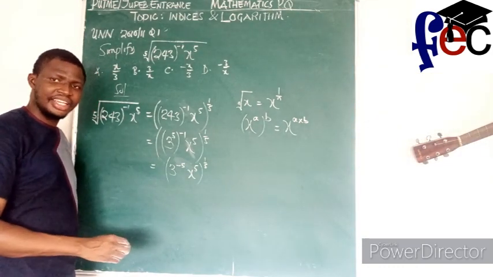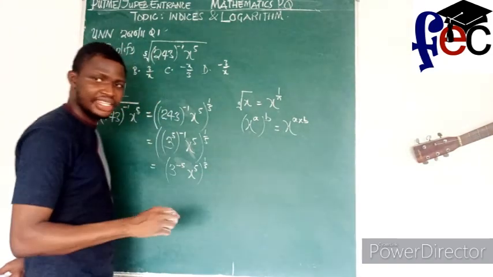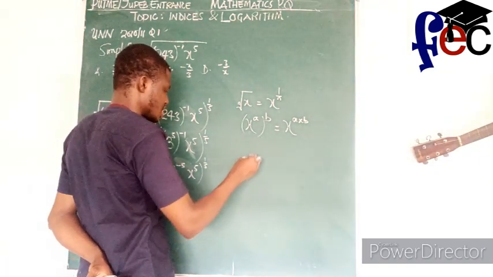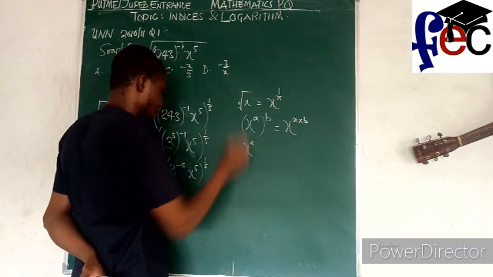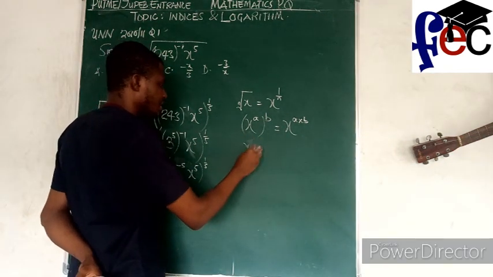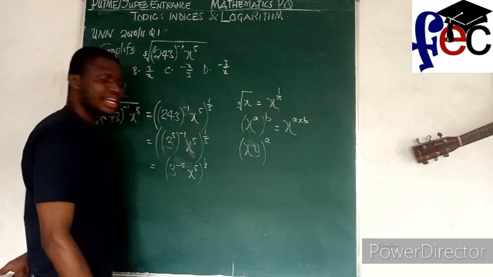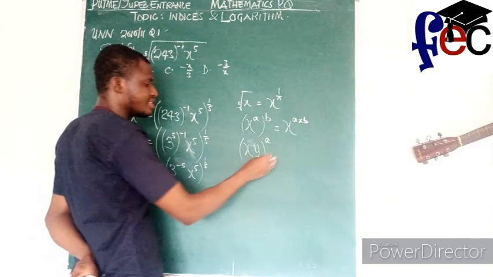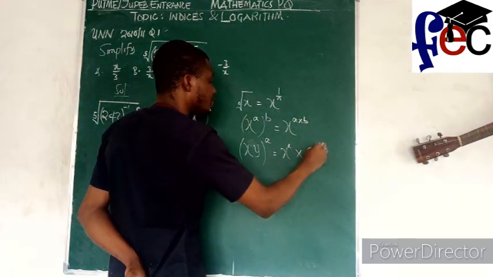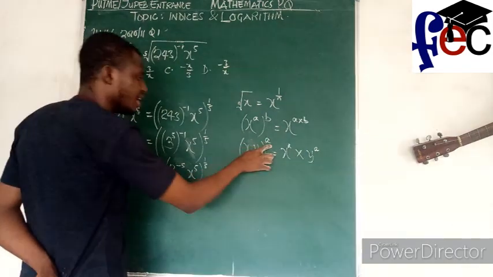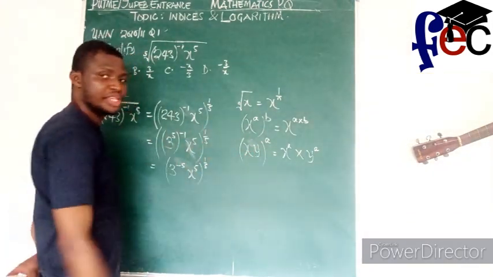Now it has not ended there. You remember there's another rule, where if you have xy, all raised to power a, do you agree with me that I can write this as x raised to power a multiplied by y raised to power a? The power a can be given to the two bases.